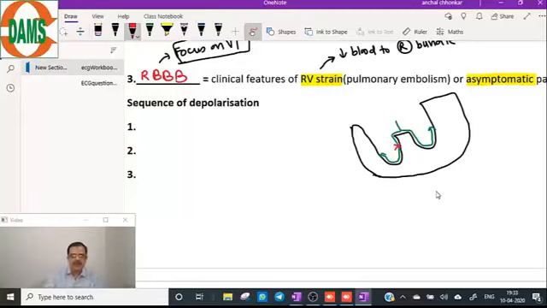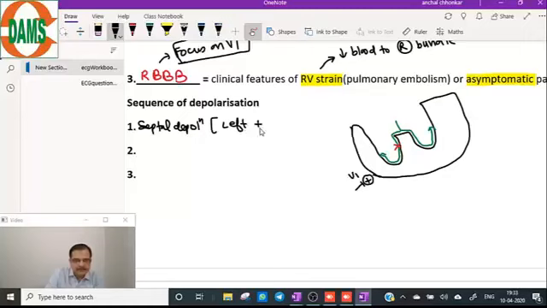So the sequence of the depolarization. We will focus on the lead V1. Here is V1. So number one is septal depolarization, from left to right, because the left bundle is all right. Even this is normal because it is taking the impulse from the left side.